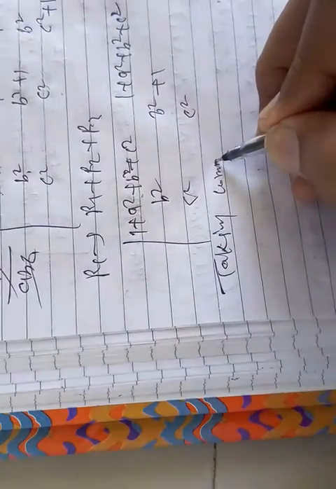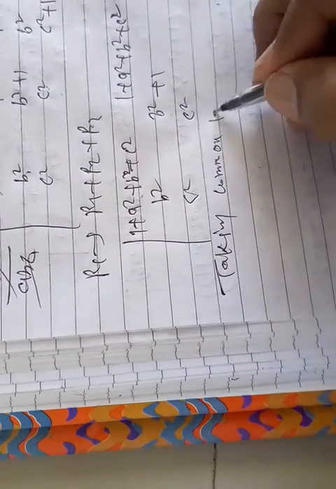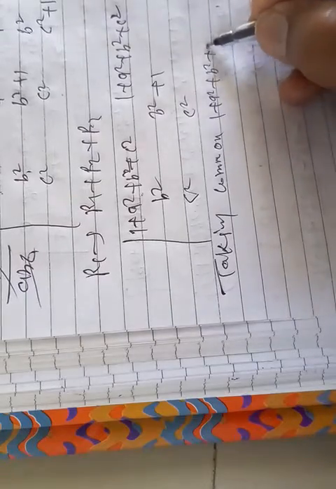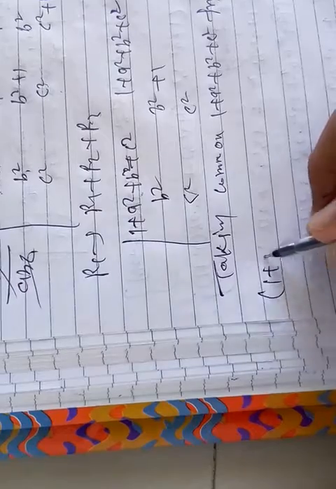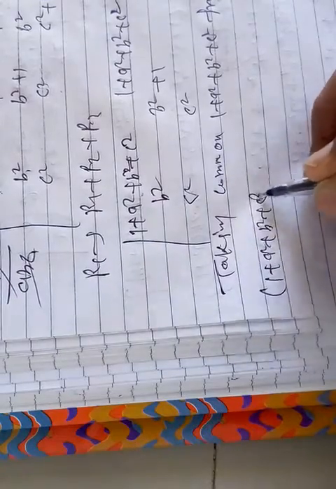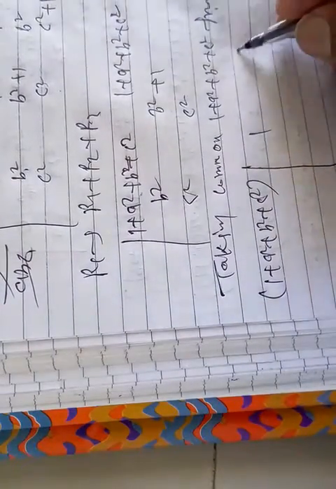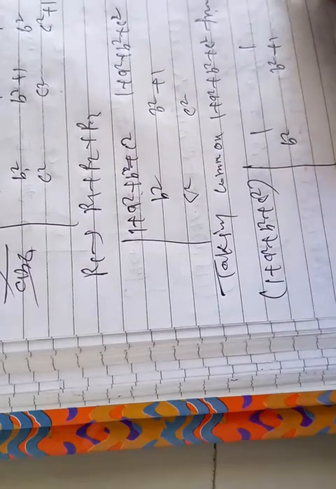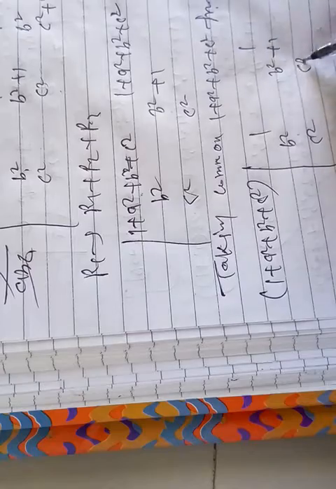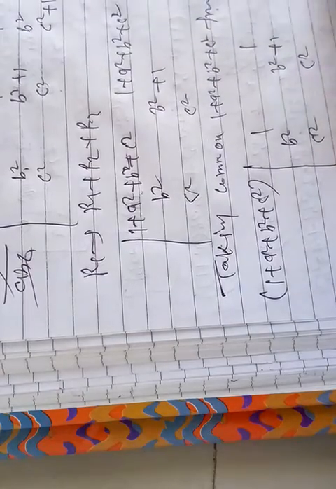Taking common 1 plus a square plus b square plus c square from R1. Okay, this 1 changed, this b square plus 1, and this b square, c square plus 1.